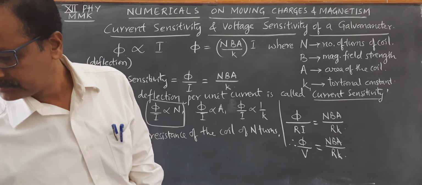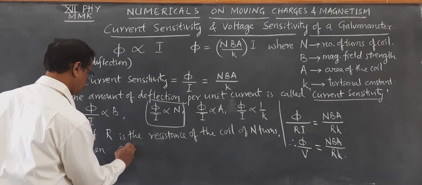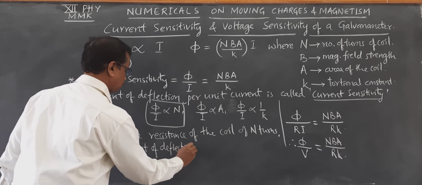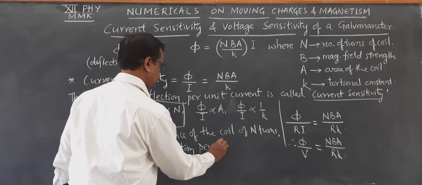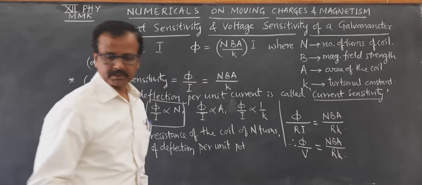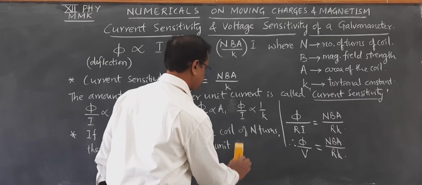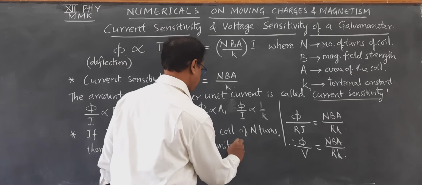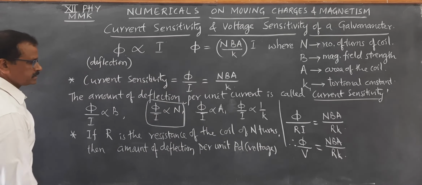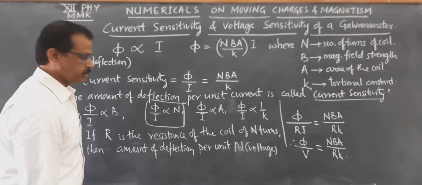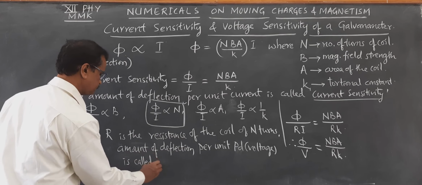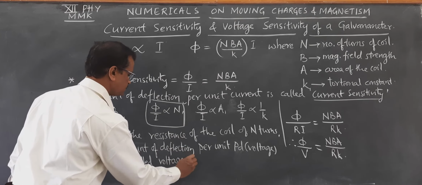Amount of deflection per unit potential difference, I will write PD as short form, or per unit voltage, that is per volt. The amount of deflection per volt is called voltage sensitivity.